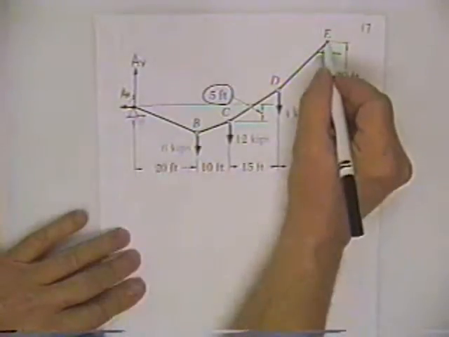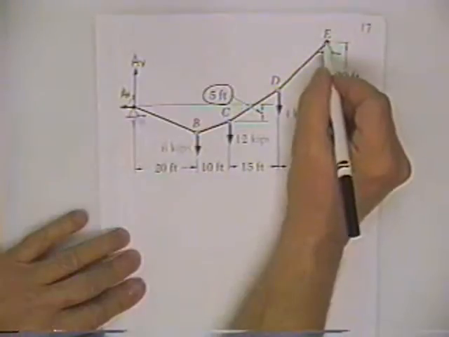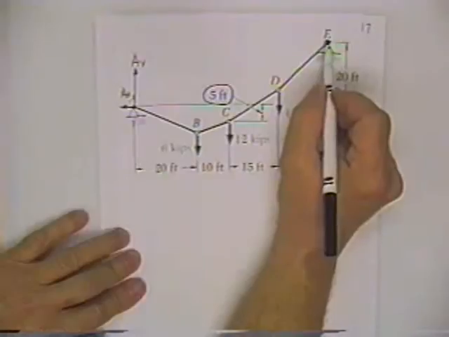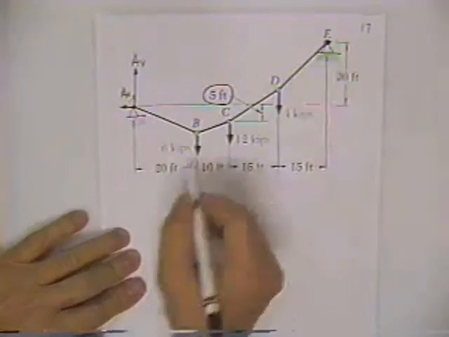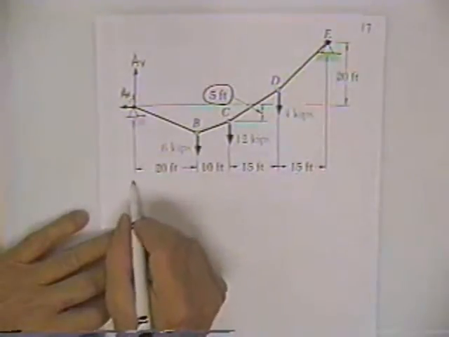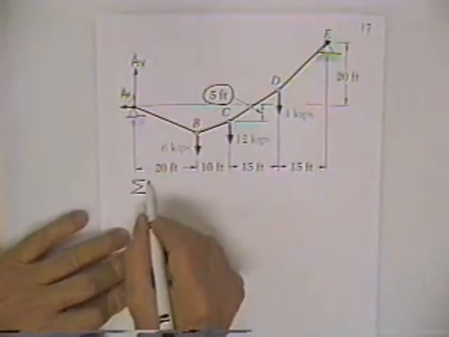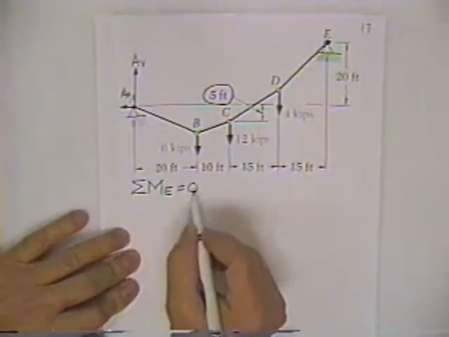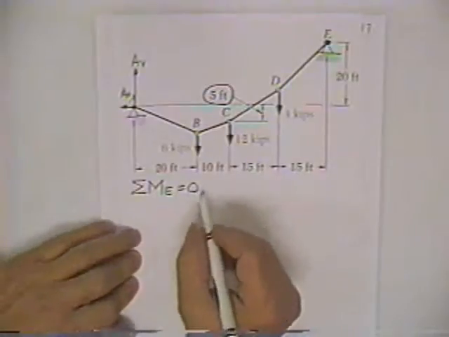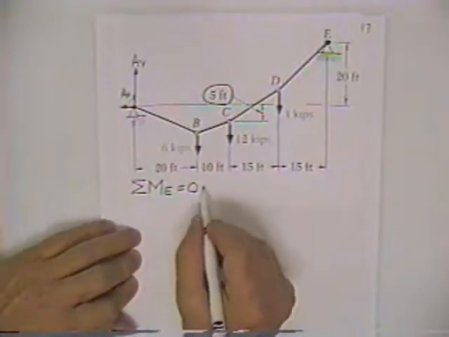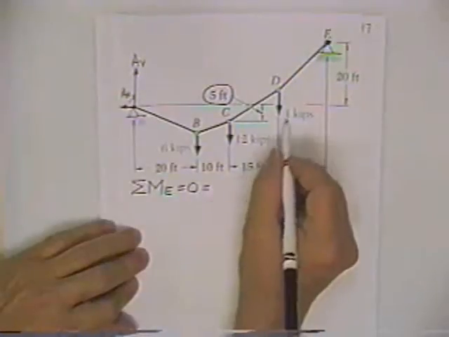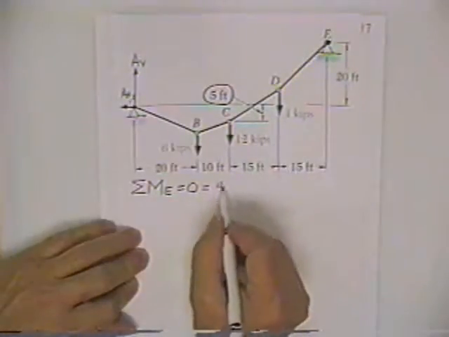You can, however, go over here to joint E and sum moments about that point. Here would be your equation. Sum of moments about point E is equal to 0, if the whole cable is not collapsing, and it's not, it's just sitting there, is equal to, first you see a 4-kip load.